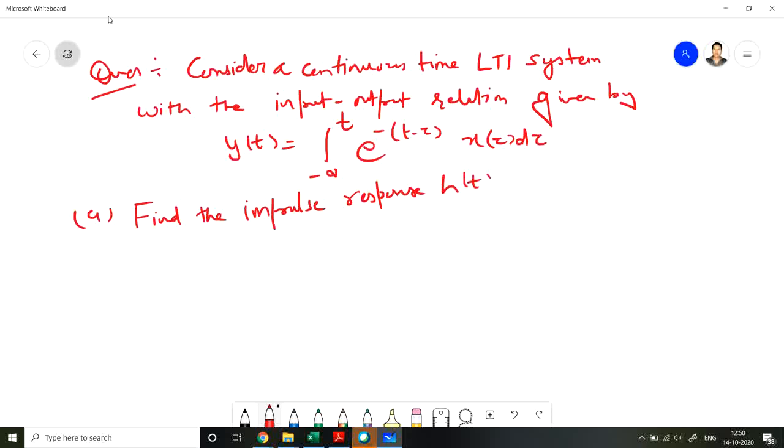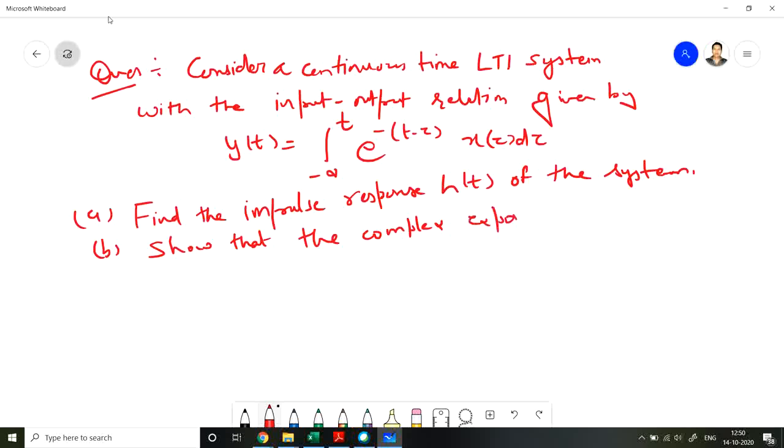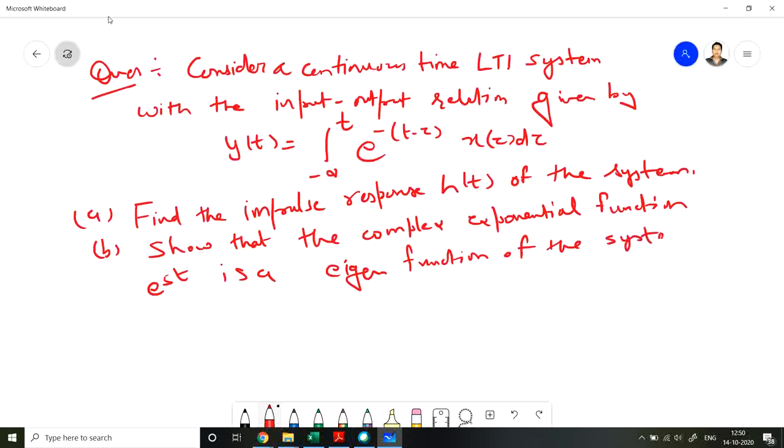h(t) of the system. Part B: show that the complex exponential function e^(st) is an eigenfunction of the system.